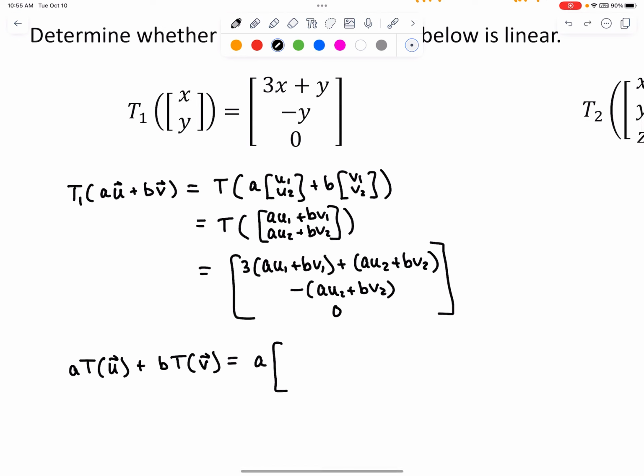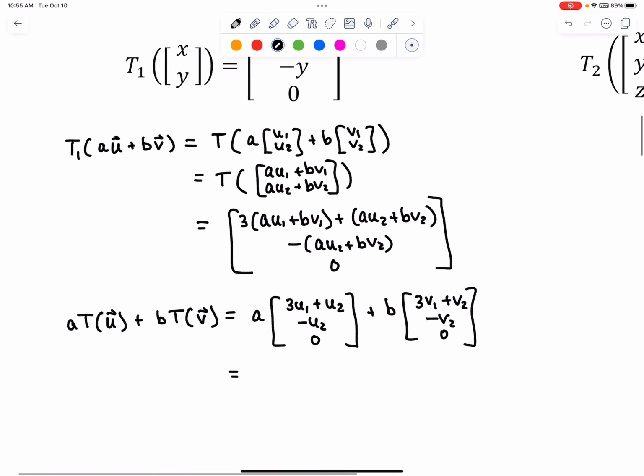So we triple the first coordinate, so we'll have triple U1, and then add the second coordinate, so plus U2. The middle coordinate will be the opposite of U2, and then the third coordinate will be 0. So this is the image of U, plus B times, now the image of V will be the same thing, but with V's. So 3V1 plus V2, negative V2, and 0.